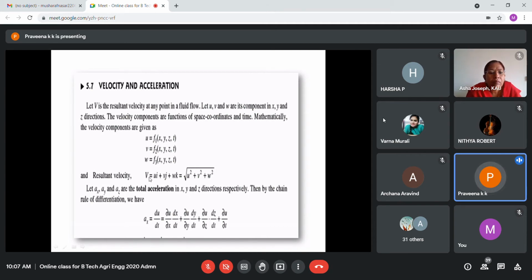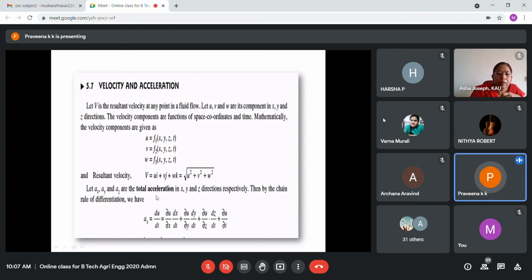The capital V, that is the resultant velocity, will be equal to ui plus vj plus wk, and that will be equal to the square root of u square plus v square plus w square. I think you understood how the expression came. That is the expression for the resultant velocity acting in the fluid flow.